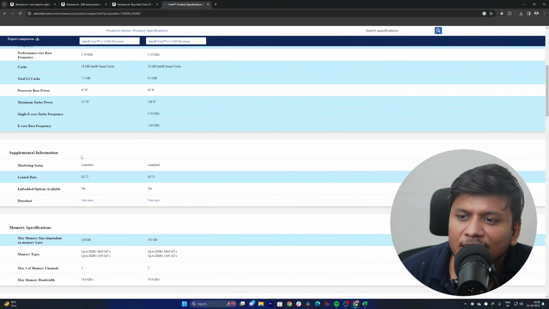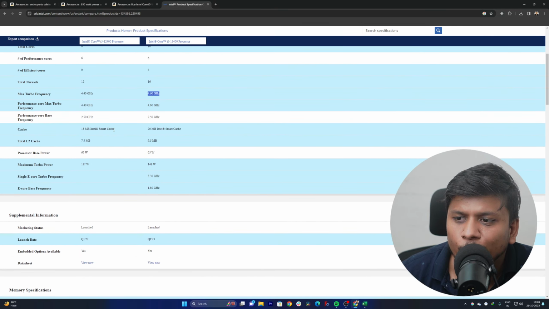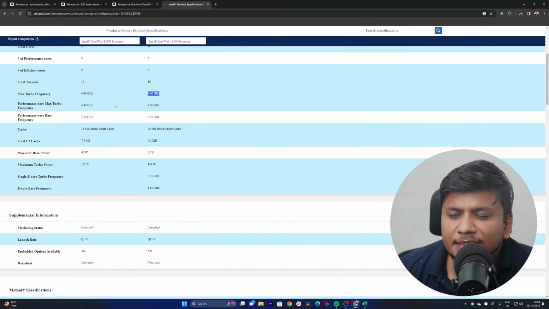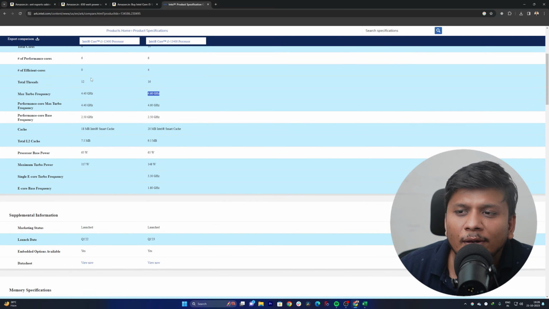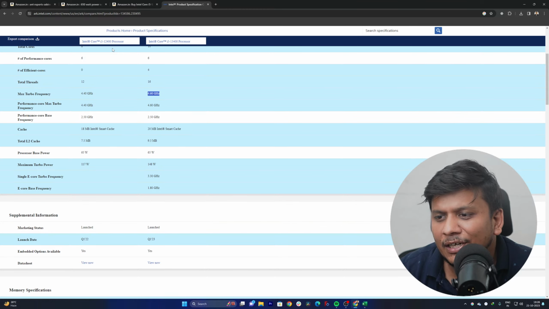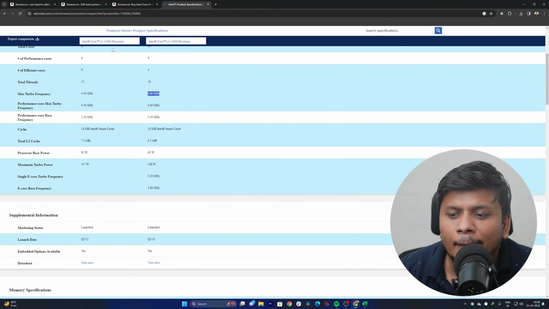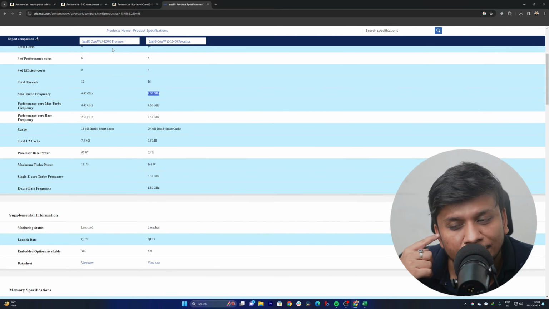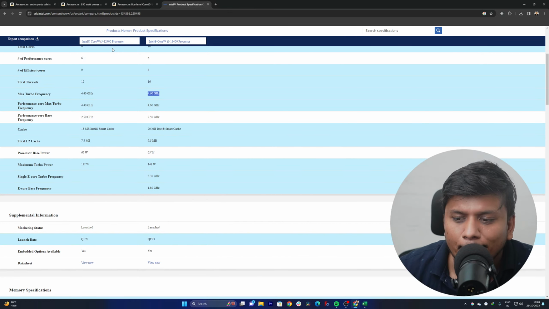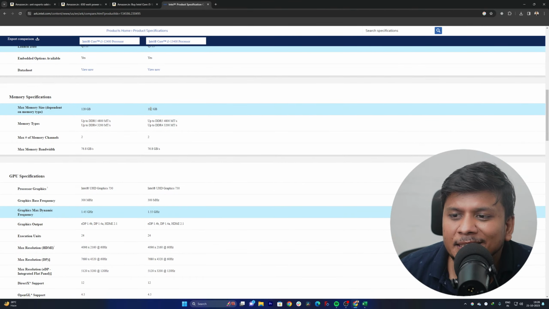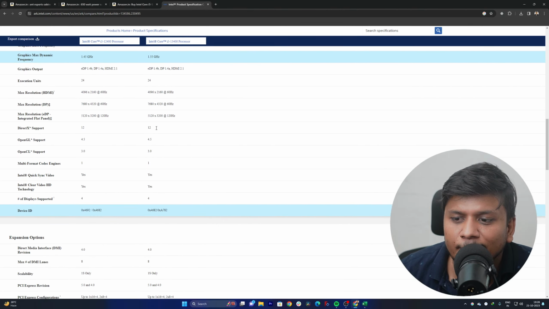If we see the PC benchmark of both these processors, you will see a 10 to 15% performance gain compared to the 12th generation. I won't say that's a huge deal, since both these processors are in the same lithography, and there is no such major difference.